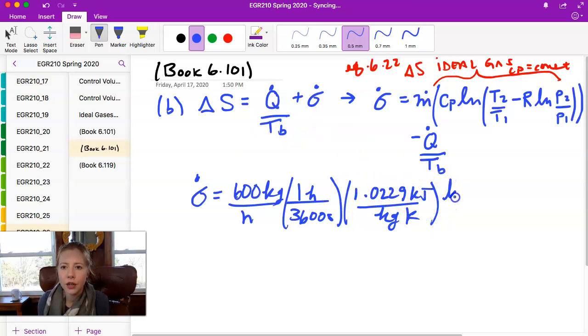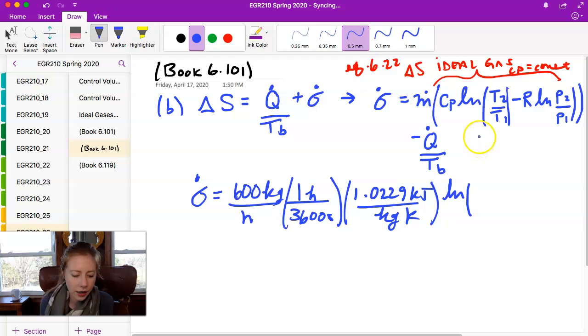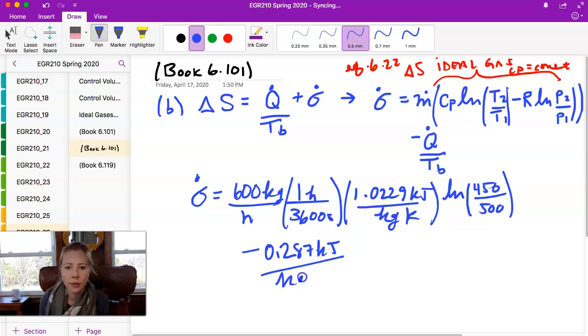And then we have the natural log of T2 over T1, and that would be 450 over 500, minus R, which is 0.287 kilojoules per kilogram Kelvin times the natural log of P2 over P1, which was 475 over 500.